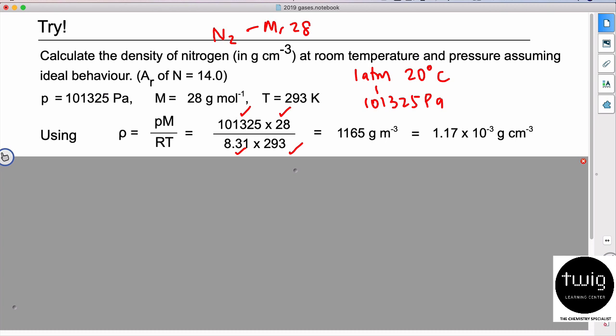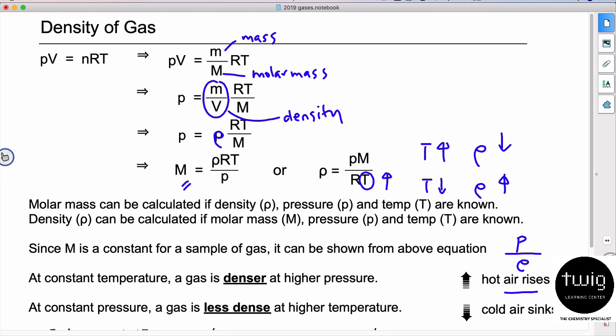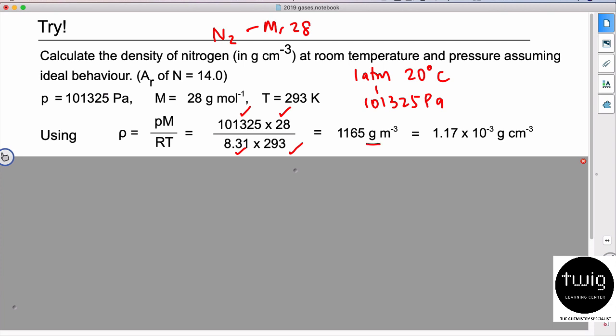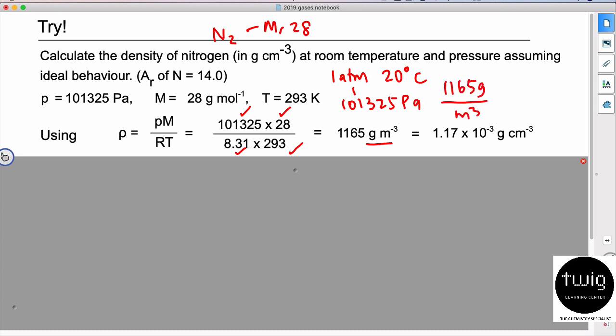When we did this, notice density is mass over volume, but mass was in grams, and volume is always in the SI unit, which is meter cube. So you need to know that this volume originally was really meter cube. So your density is grams per meter cube, and we have to convert it to grams per cm cube. It's not that difficult. This is normally what I do.